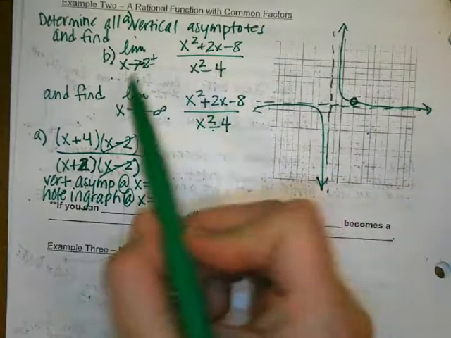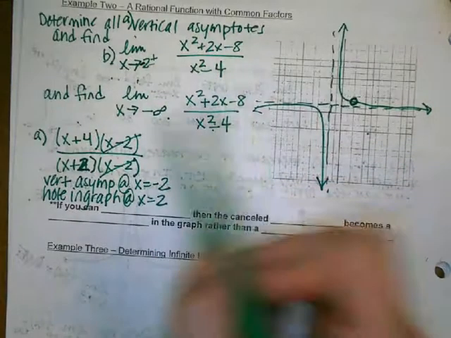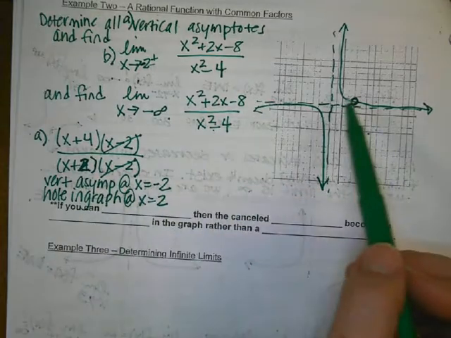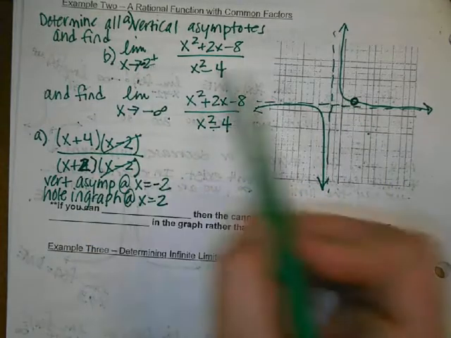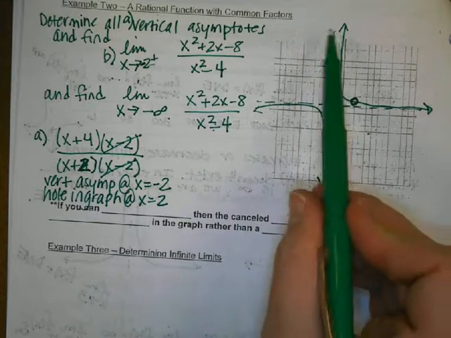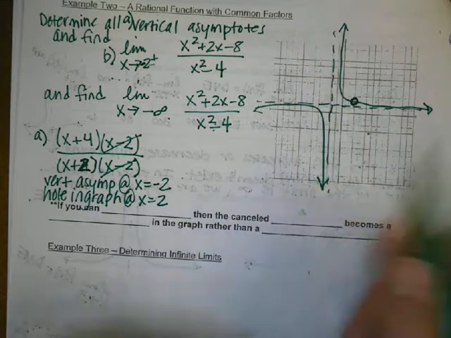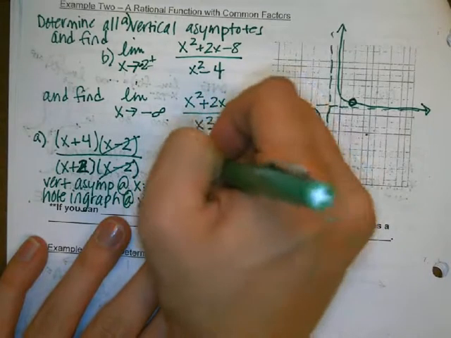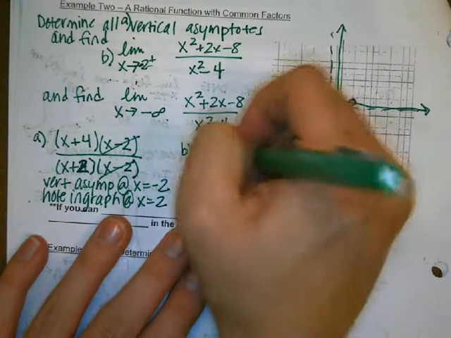Because we would actually be able to plug in 2 and get a y value. But in this case, if you were to approach negative 2 from the right, you're going to be heading towards positive infinity. So for B, the limit as x approaches negative 2 from the right of your function would be positive infinity.